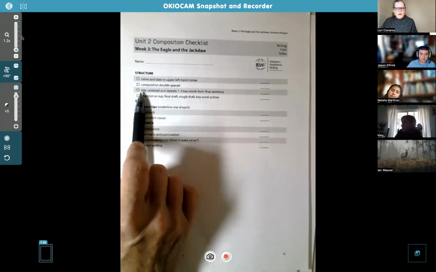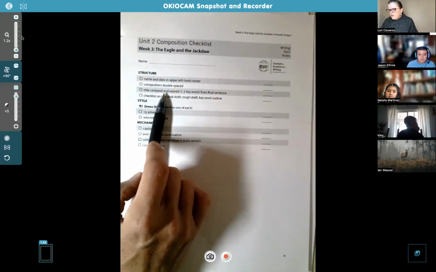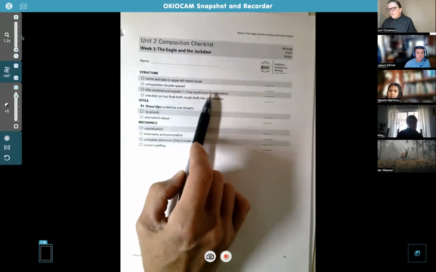And then when you go to write your paragraph, after you put your name and date on there, you want to make sure to put a line or a space for a title. But you don't want to write the title yet. You want to have a space for a title. Okay, and the title is going to be centered and repeats 1 to 3 key words from the final sentence.